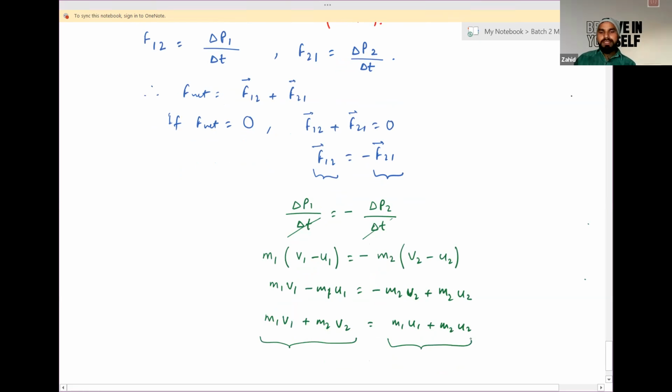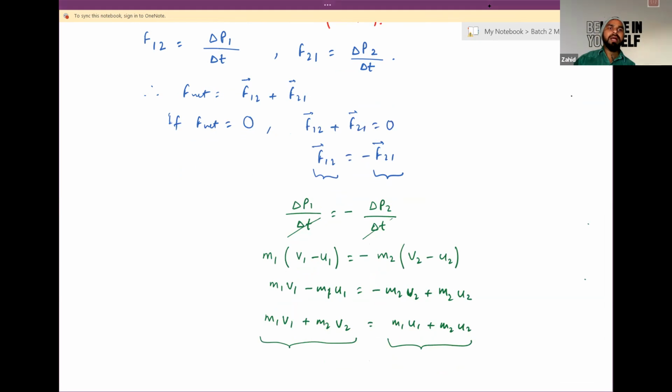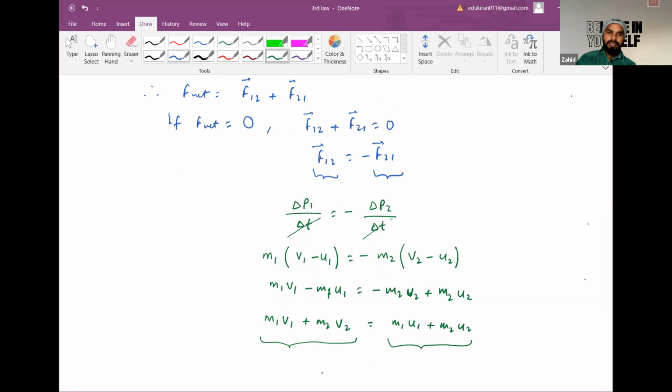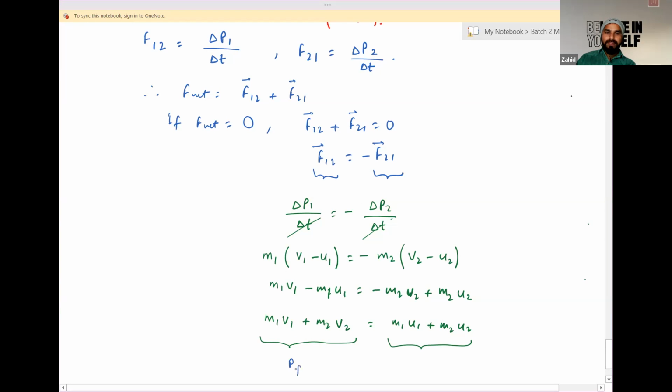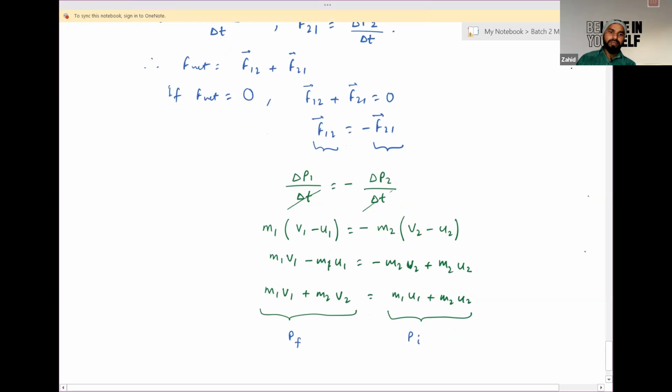It means the sum of linear momentum of a body will be conserved if there is no external force acting on the body. So you'll say this is total linear momentum of the body after collision, and this is total linear momentum of the body before collision.